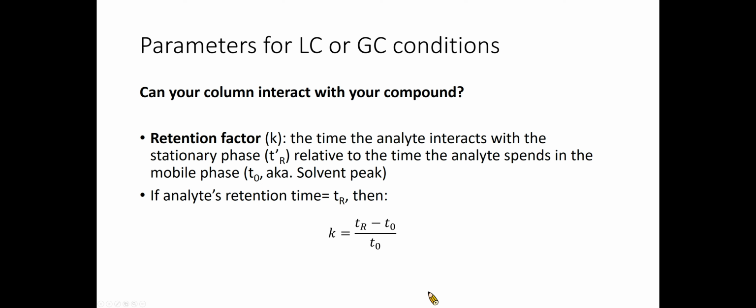The chromatography condition also plays a role in determining the analytical specificity and sensitivity. How can we assess the efficiency of chromatography separation? Well, first we need to know if the compounds have the appropriate interaction with the column.